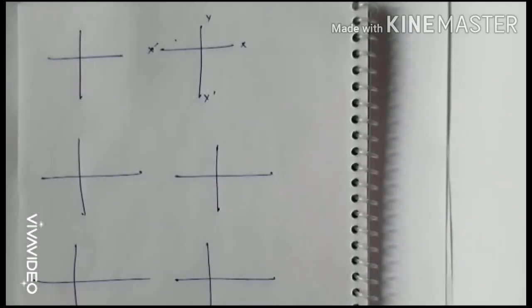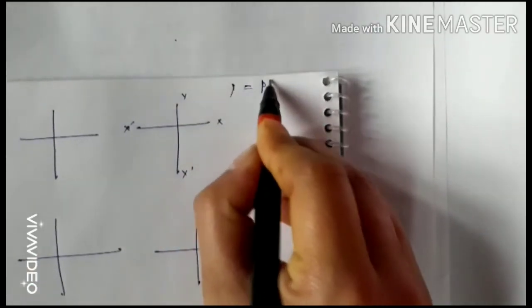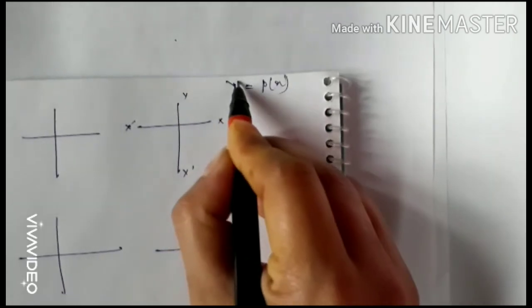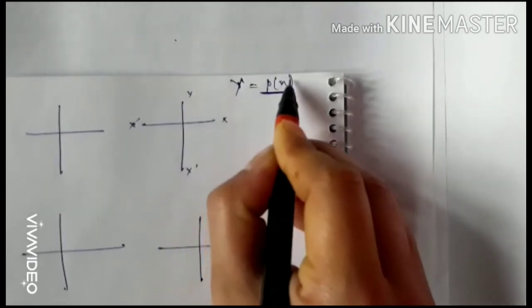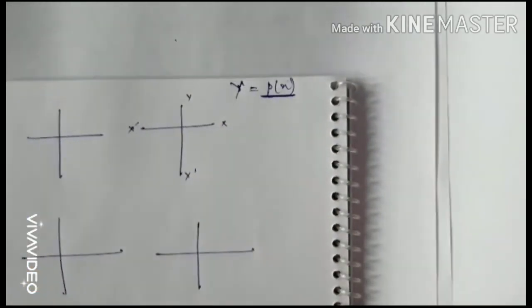Now this is for NCERT exercise 2.1. You have to consider y equal to p(x), that means for p(x), for the x variable. You will check how many times the graph touches the x-axis.